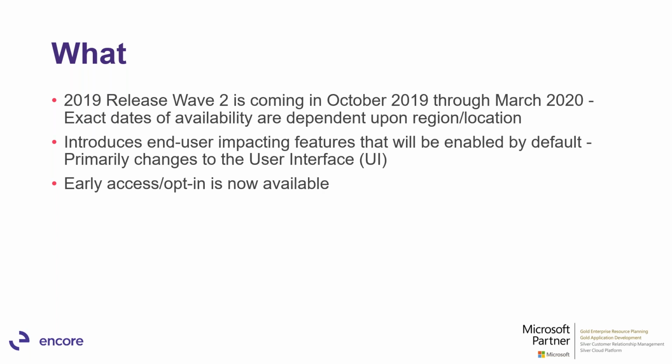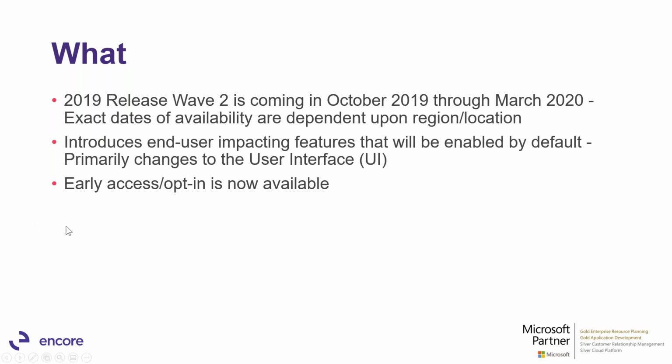And I have a link in the PowerPoint, which will be provided to everyone, that has the links as well. So you can refer back to the Microsoft site for dates for any other regions that we don't cover today. This introduces end user impacting features that will be enabled by default. The big change here is the user interface, and I'll look at that at the end of this slide, but this is one of the major changes that is coming.